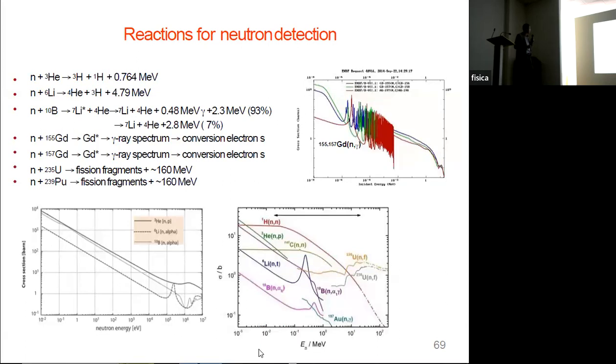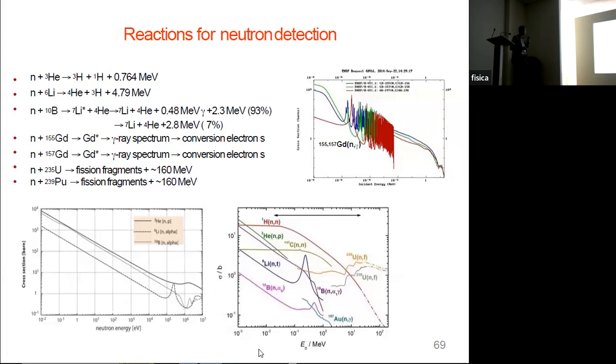The first one is neutron plus helium-3, and this reaction leads to two charged particles, a triton and a proton, and release of about 0.7 MeV of energy, distributed between these two nuclear recoils. The second reaction is neutron plus lithium-6.